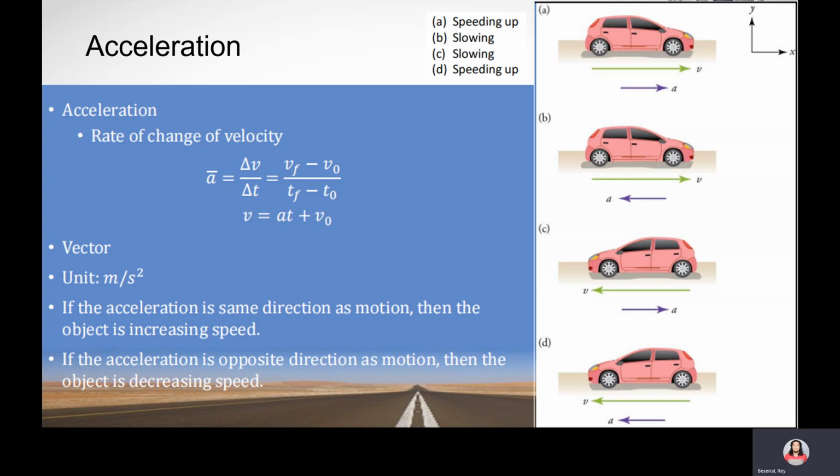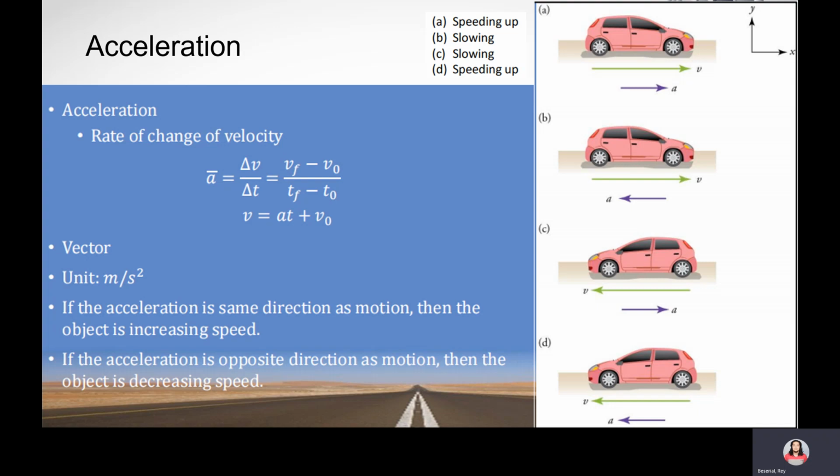So letter A, yung ating velocity is the same ang motion niya sa ating acceleration. So from that, ang ating object is, or ating car is increasing ang speed or speeding up. And then dito sa ating letter B, ang ating velocity is towards the positive direction ng x-axis. And then yung ating acceleration is towards naman sa ating, or opposite direction ating velocity. So with this representation, yung ating acceleration is opposite sa direction ng ating motion.